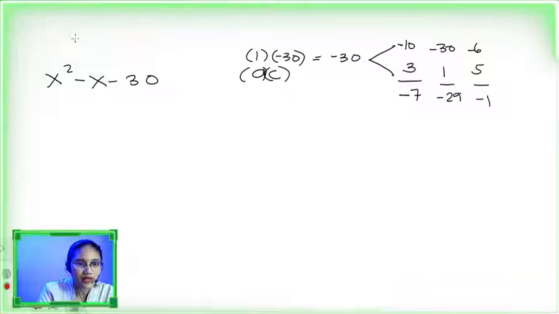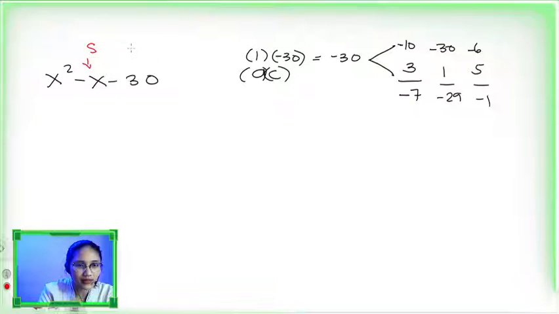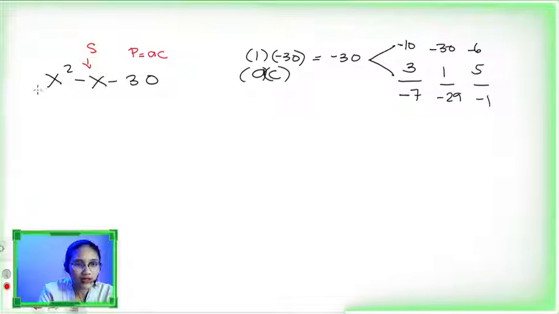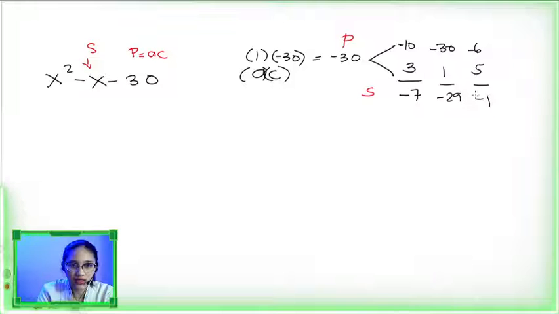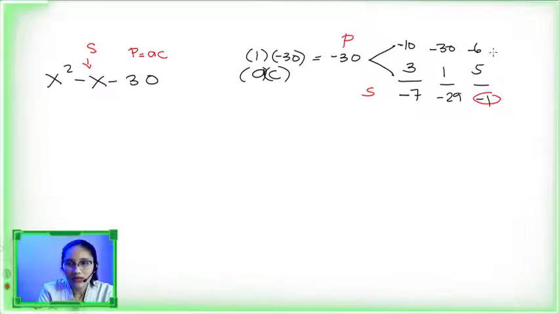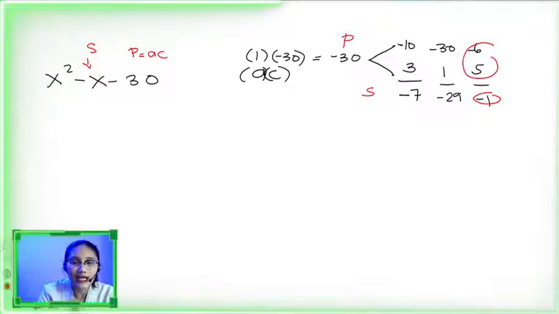Tandaan po, dapat yung sum, i-base natin dito, at yung product naman po is yung value ng A at saka C. Ito yung product, ito yung sum. Now, nag-match siya, negative 1 kasi yung kailangan nating sum, meaning to say, negative 6 and 5 are the factors. Ito yung kailangan natin.